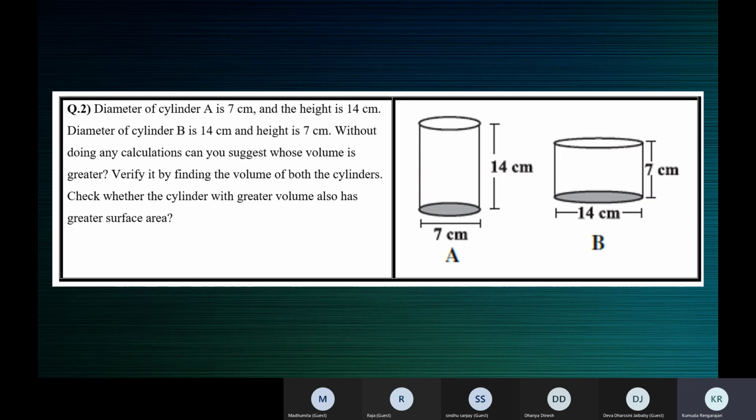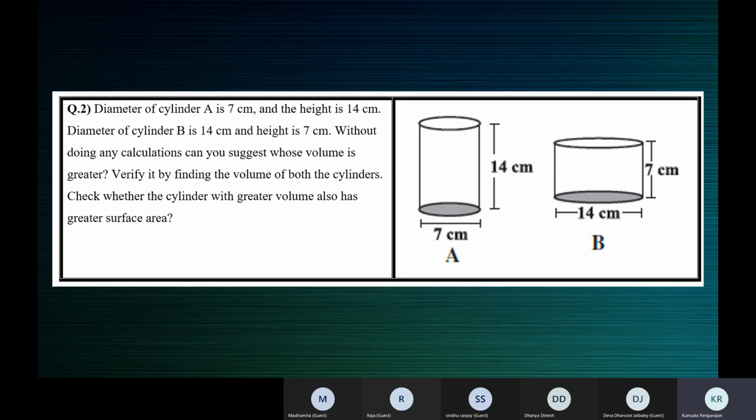What's the formula to find the TSA? Ma'am, 2LB plus BH plus HL, ma'am. Darling, it is not cuboid, it is cylinder. 2 pi r h, ma'am.